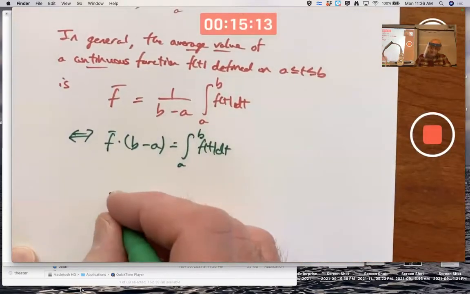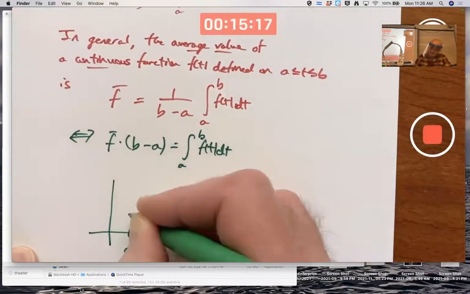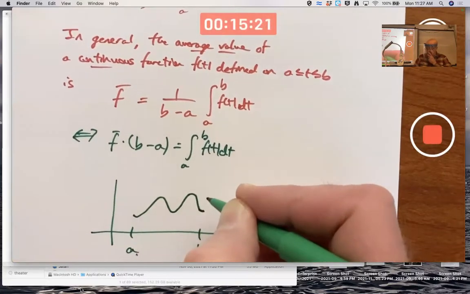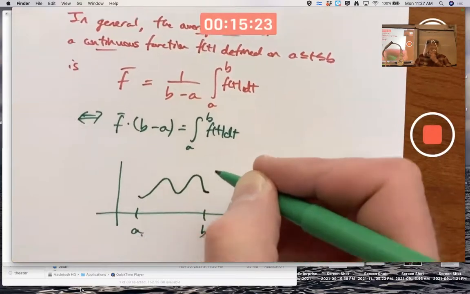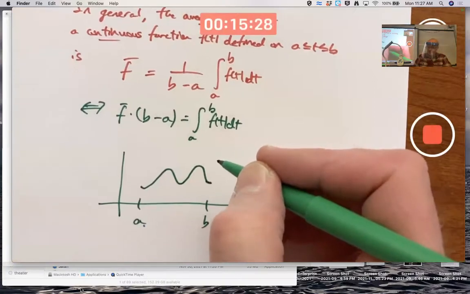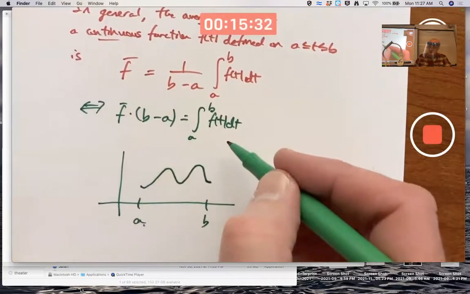But then if you graph the function f of t over the interval from a to b, doesn't matter what it looks like as long as it's nice and continuous. What are we after here? We're after a number f bar, where f bar times b minus a is equal to the integral.